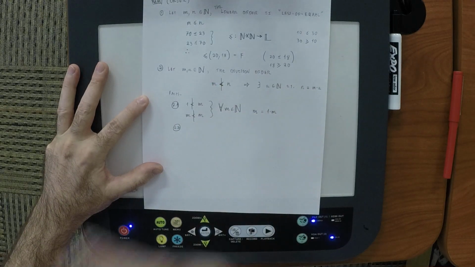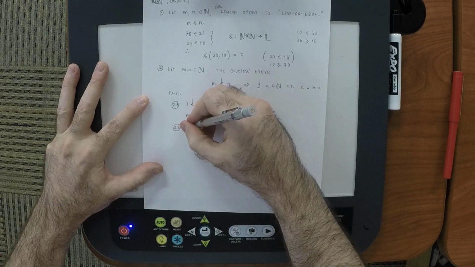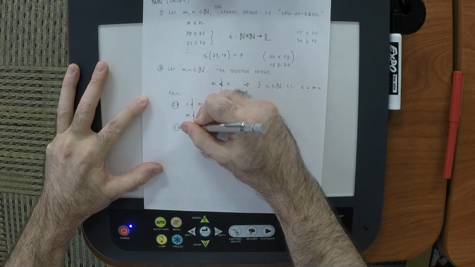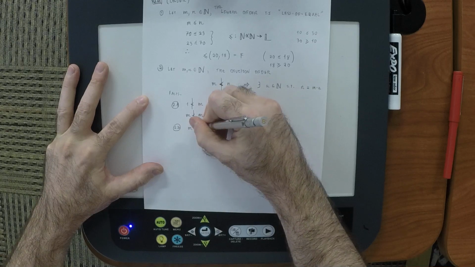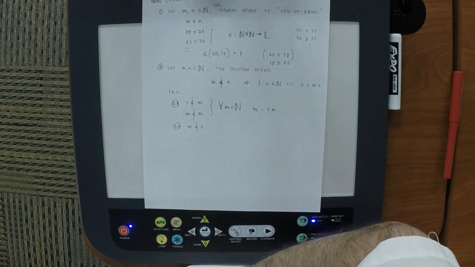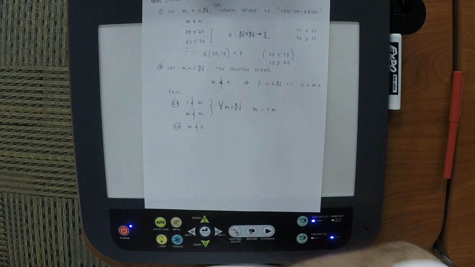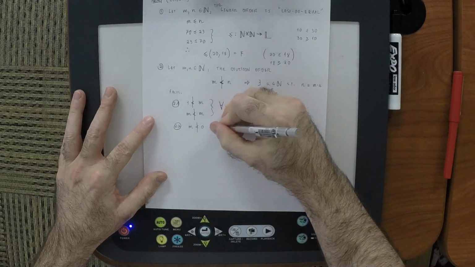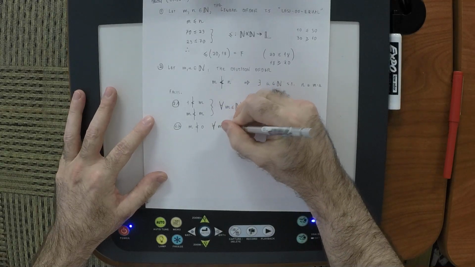1 divides everything, so here's something that's a little bit disturbing. Is this statement true? M is a divisor of 0, and in fact I'm saying even for all m.